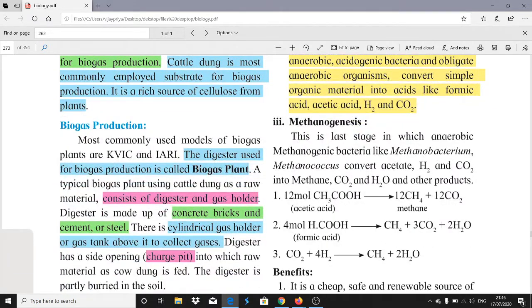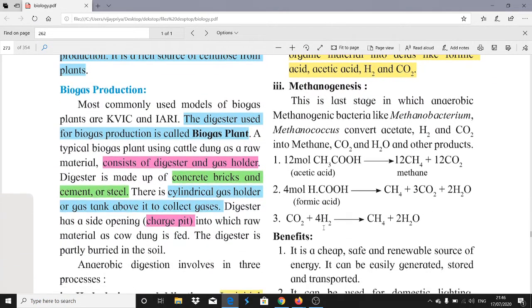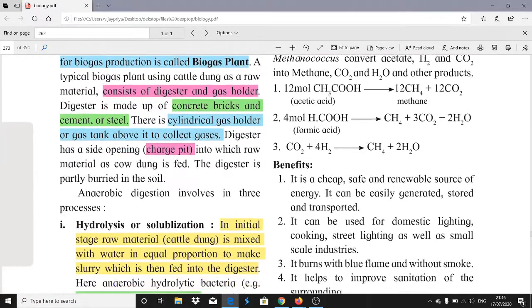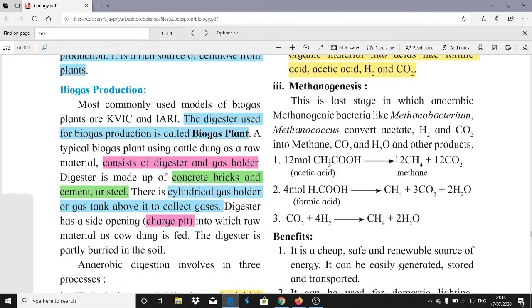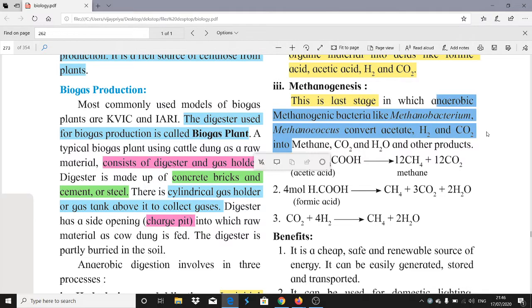The third step is called methanogenesis. This is very important as far as the biogas plant is concerned. This is the last step of the biogas plant, in which the anaerobic methanogenic bacteria play a very important role.